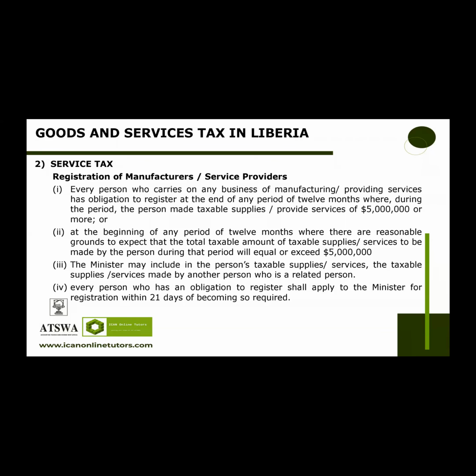The minister may include in the person's taxable supplies or services the taxable supplies or services made by another person who is a related person. Every person who has an obligation to register shall apply to the minister for registration within 21 days of becoming so required.